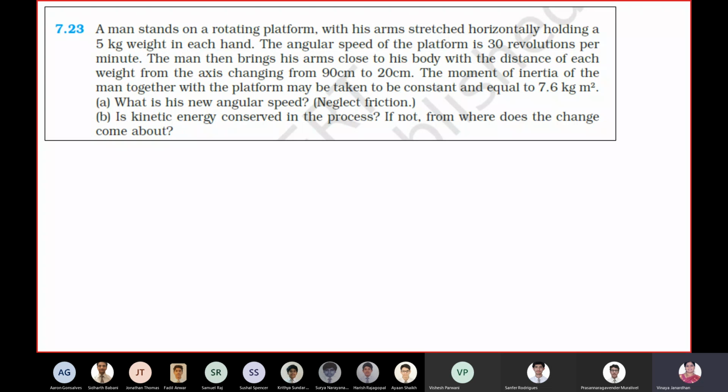When he stretches his arms outward, his rotational speed decreases. When he brings his arms closer, have you seen the rotational speed increasing? Yes, ma'am. Do you understand that concept? When you stretch your arms and sit on a rotating table, your speed of rotation will be less. When you bring them closer, your speed of rotation will be more.